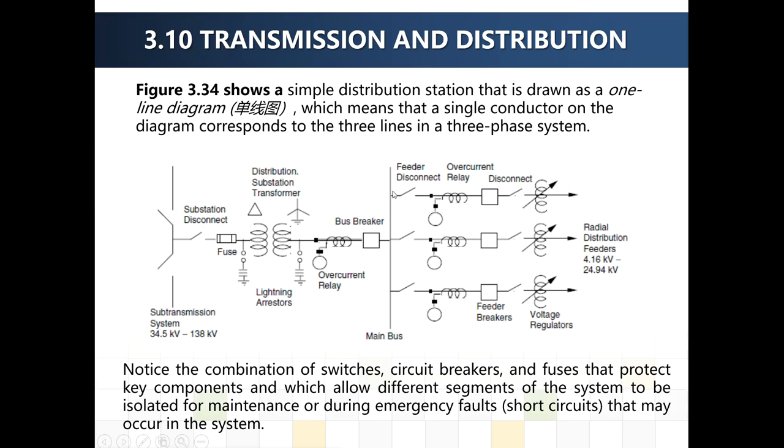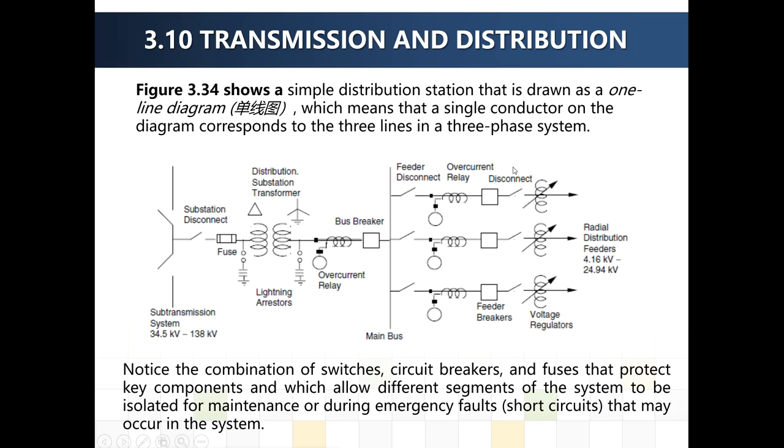And this voltage is between 4.16 kilovolts and 24.94 kilovolts. There are a number of what we call distribution feeders. This is called a feeder line. In each feeder, we have a feeder disconnect and the overcurrent relay. The overcurrent relay detects any fault along the line and then opens the disconnect to disconnect the system, or isolate the fault.